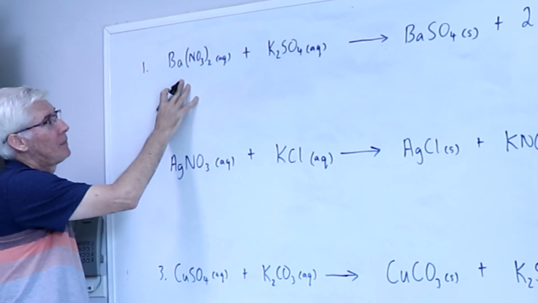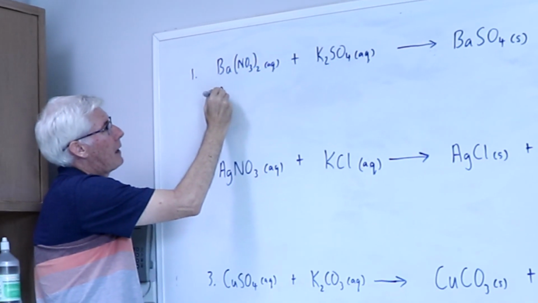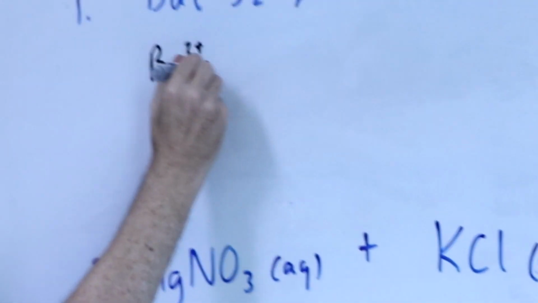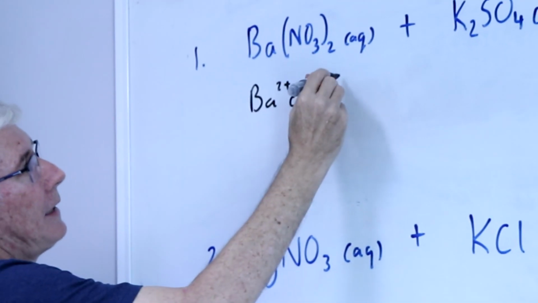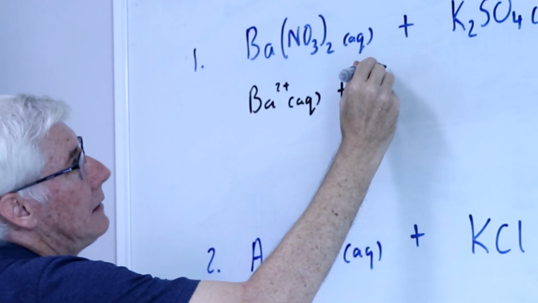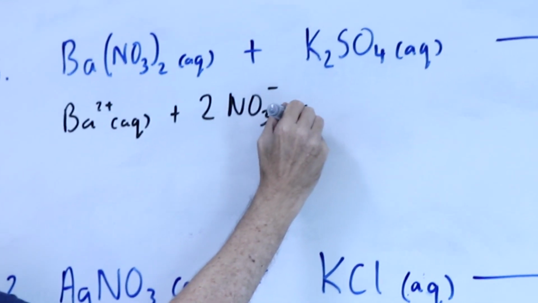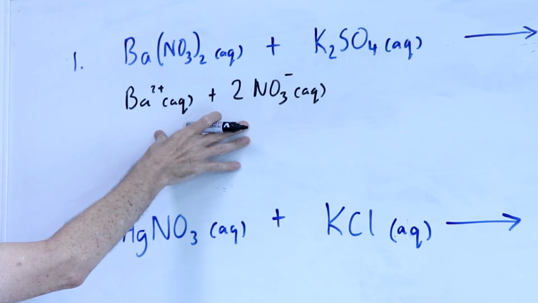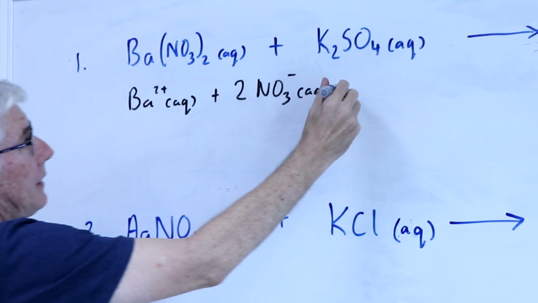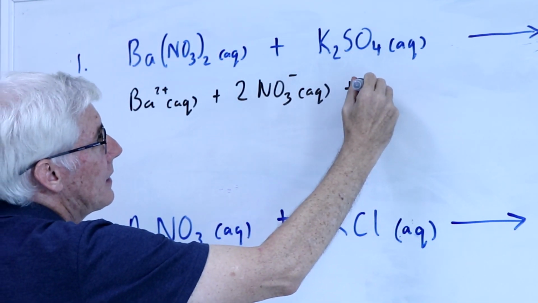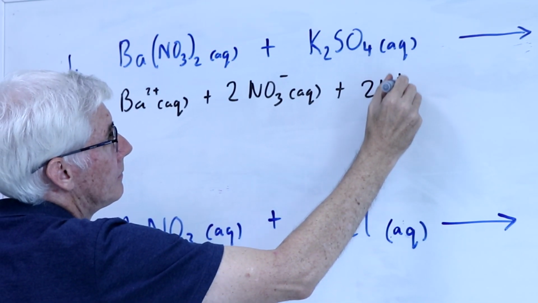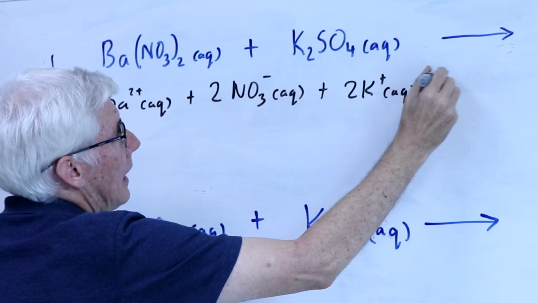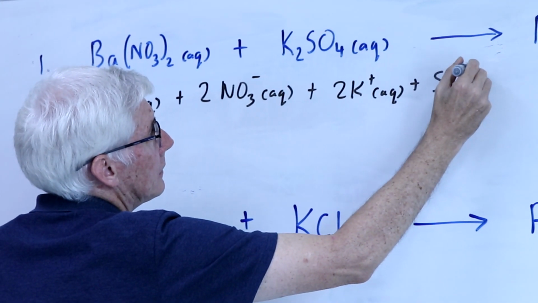If we look at barium nitrate solution, it's made up of barium ions with nitrate ions. So this is in one of our original beakers. In the second flask we had potassium ions and sulfate ions.